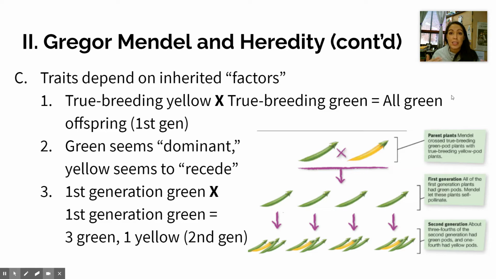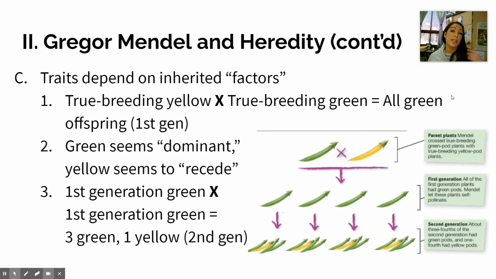That yellow trait seemed to completely disappear. So that's what she was just talking about in that video, about how some of those traits can be hidden. This is what he described as that trait kind of receding. Okay, this is what we call a recessive trait.